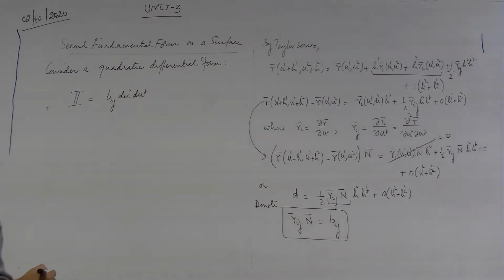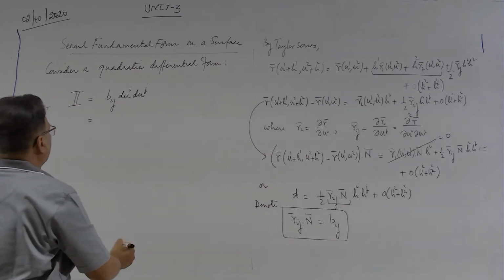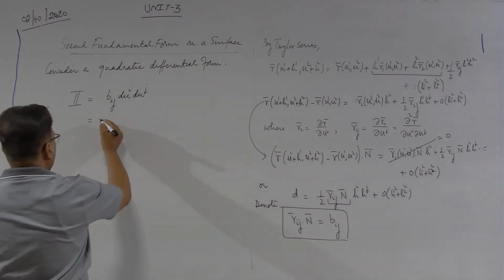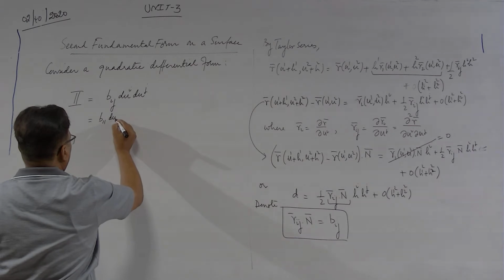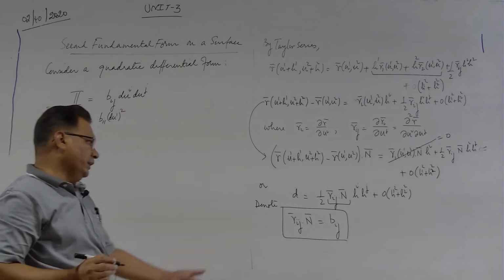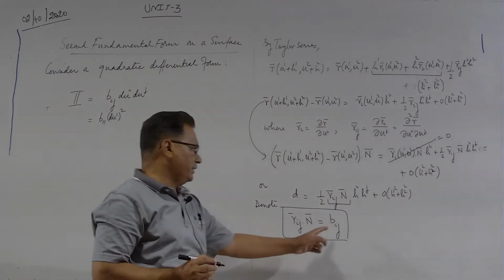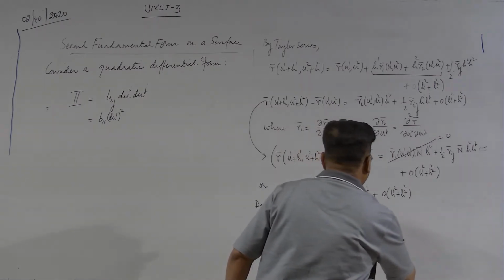Or if you want to write it in the expanded notation. So, i and j are dummy indices. When you expand it, it will be B11 into du1 square. One thing you can notice here itself is that B_ij is symmetric in i and j. That is an immediate observation.